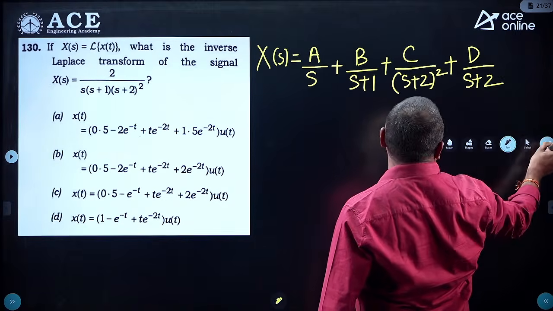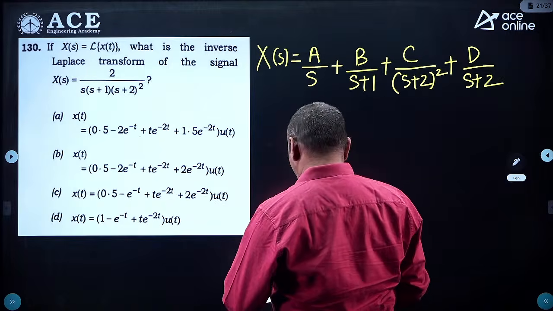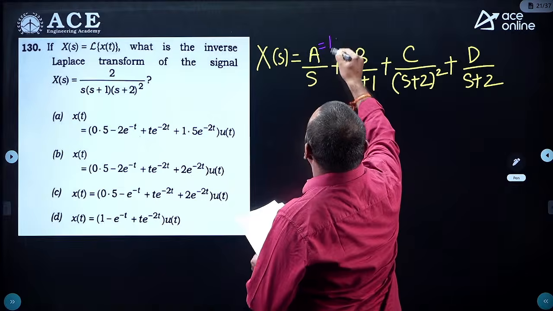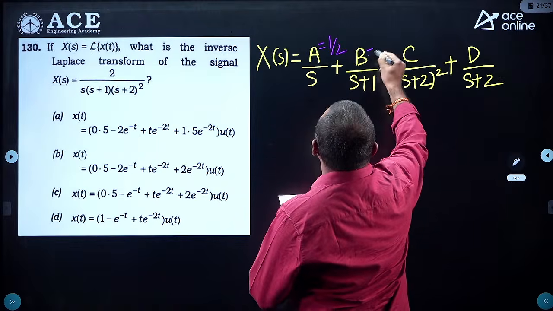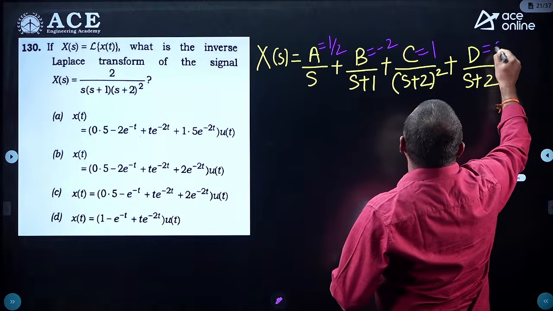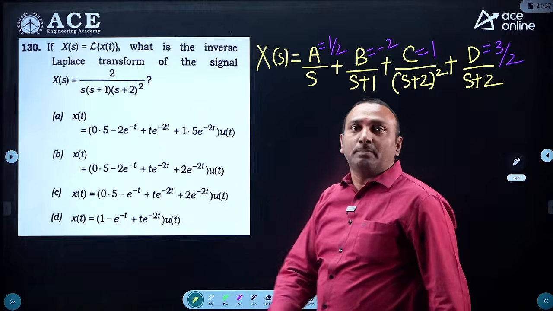Of course, we are going to solve for those residues A, B, C, D. Generally, after solving, we are going to get the numbers like 1 by 2, minus 2, 1, 3 by 2. So, this will also eat our time. So, which is the best method?